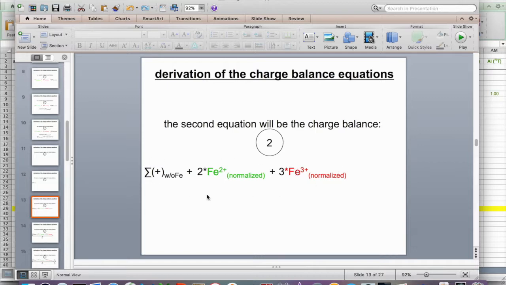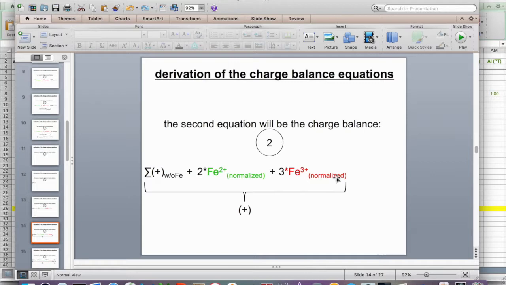We're not interested in the atoms per se; we're interested in the charge. So this entire set, the sum of the positive charge without iron, 2 times the sum of the iron 2 plus, and 3 times the sum of the iron 3 plus, represents the total amount of positive charge that we have available.